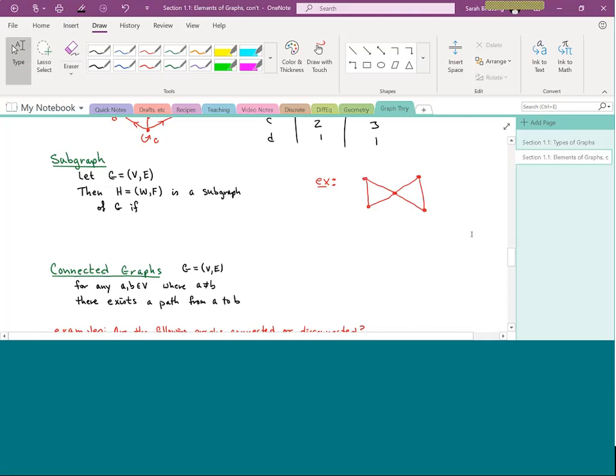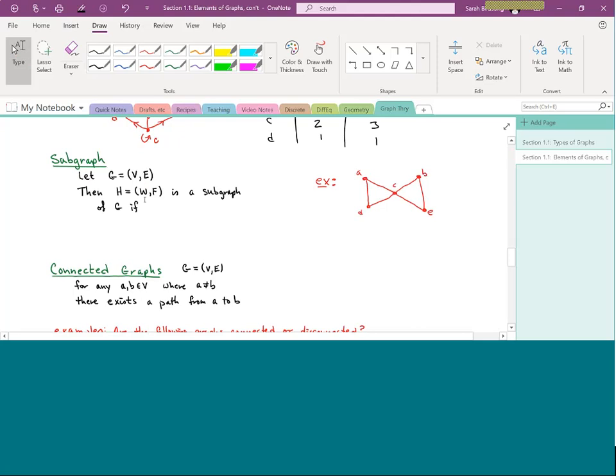So suppose you have some graph like this guy, and let me go ahead and put some labels on the vertices. I was not in any way, shape, or form creative about those labels. But if you have a vertex set and an edge set, so here the vertex set is the 5 vertices, then we have the 6 edges. We've looked at this graph before. If you want a subgraph of this graph, here's what has to happen.